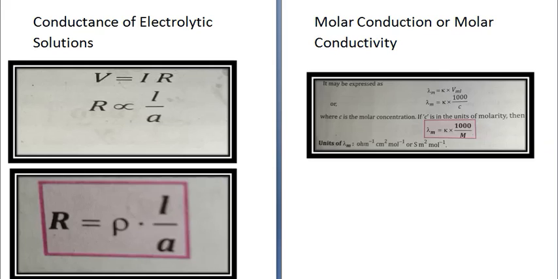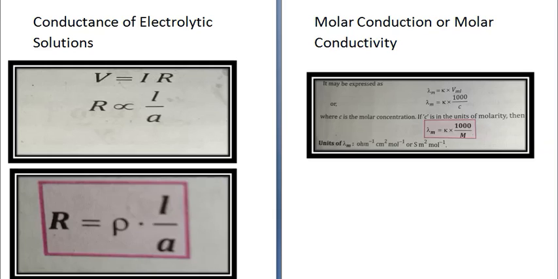Electronic conductors conduct electricity through free electrons, and electrolytic conductors conduct through ions. Now, based on the extent of dissociation, the electrolytes are either strong electrolytes or weak electrolytes.